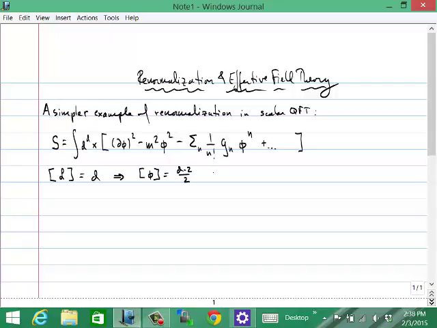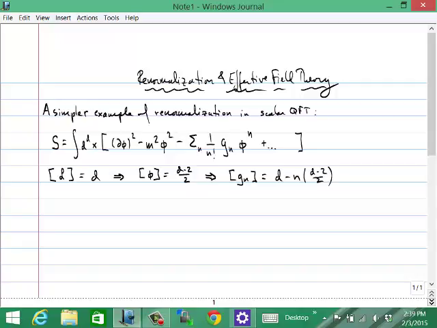And so that means that our coupling constant Gn that we've written here has dimension, well, Gn phi to the n has to have dimension d. So our coupling constant Gn has to have dimension d minus the dimension of phi to the n, which is n times (d minus 2)/2. Okay, so that's the dimension of this coupling constant G.